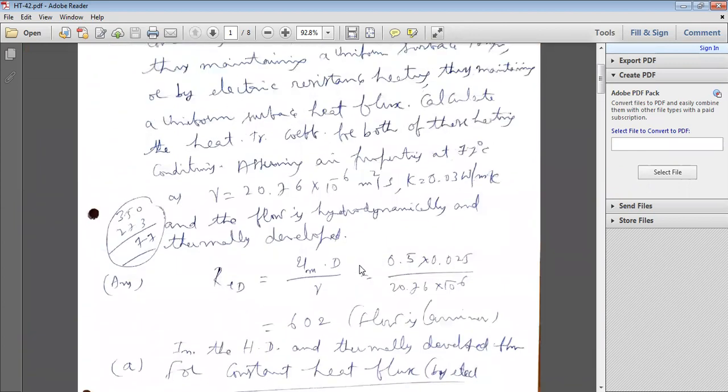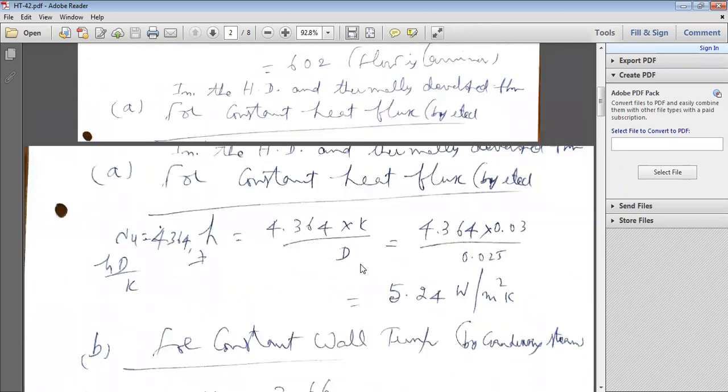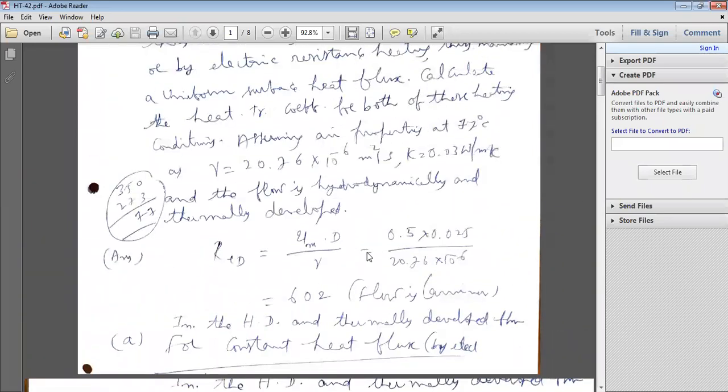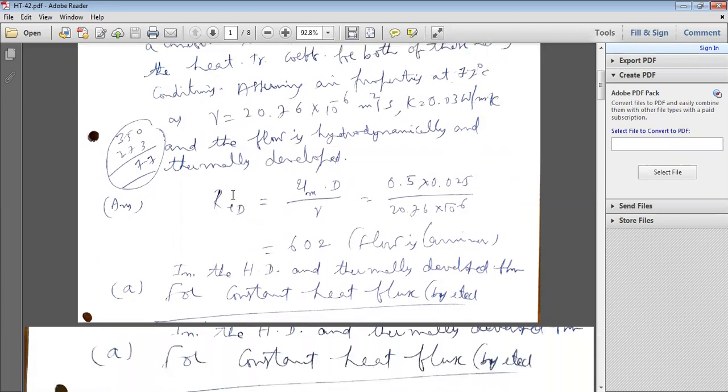First, you have to verify. These are applicable for laminar flow. That's why you have to verify whether the flow is laminar or not. So in a pipe flow, first calculate the Reynolds number Re_D for a given diameter D. How do you calculate the Reynolds number for a tube flow?